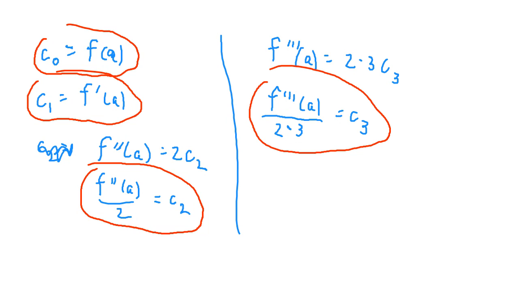And notice that we could put a 1 here and a 1 here, without loss of generality. What do you think C4 is going to be, based on the pattern you're seeing here? And incidentally, for f prime of a, I can put 1 there. What do you think C4 is going to equal?